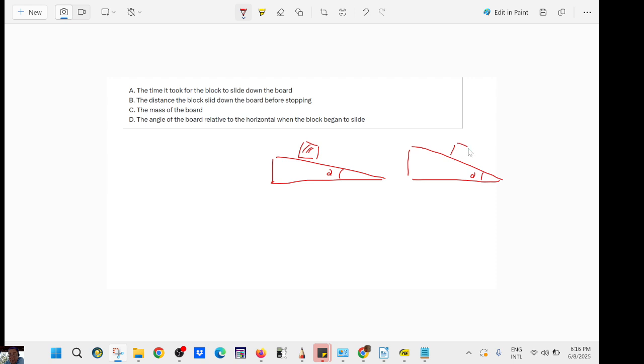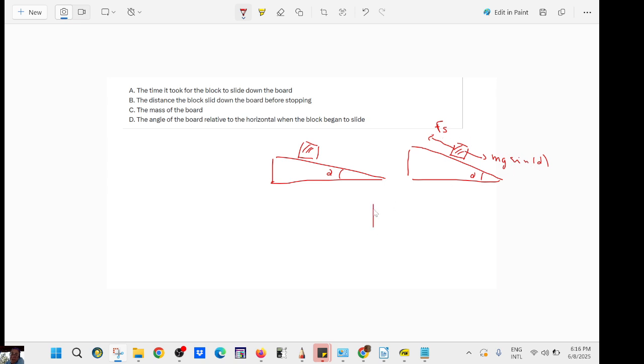So when that happens, when it starts to move, it means that mg sine balances exactly the static friction. Okay, so the static friction will increase until it can no more increase.